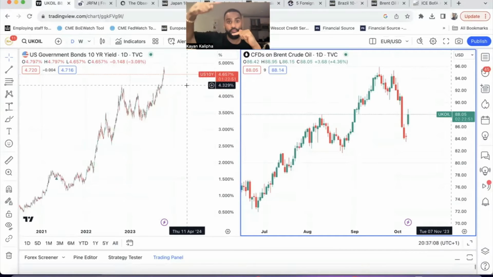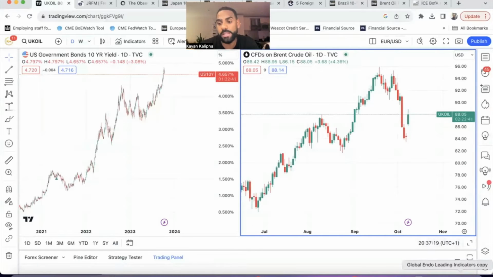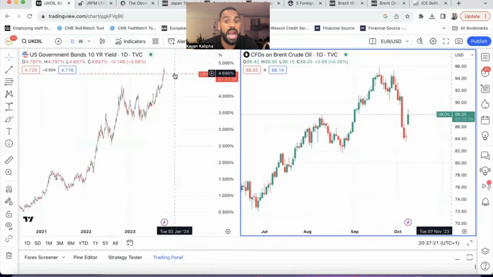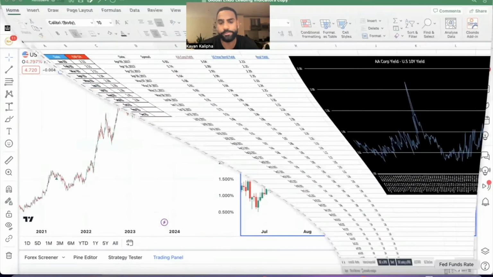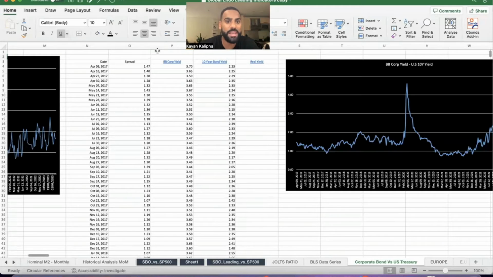So there's a 1% premium on top of the government bond for the safest bonds in the world. Apples, Amazons, Microsofts, Teslas, all these companies that borrow money, they borrow at a percentage point above government bonds. Okay, then you got triple B companies.